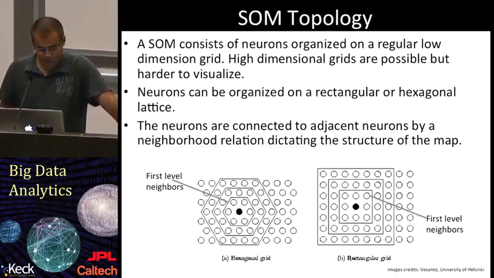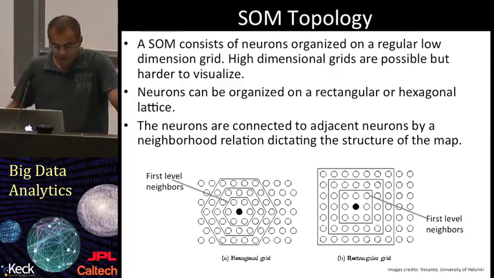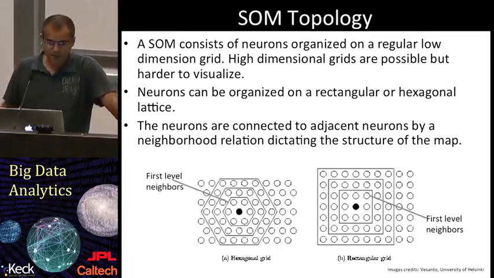Now, let's see the topology. A SOM consists of neurons located on a regular grid, and this grid usually has a rectangular or hexagonal structure. Neurons are connected to adjacent neurons by a neighborhood relation. For example, in these two figures are shown the neighbors of the units marked with a black dot.